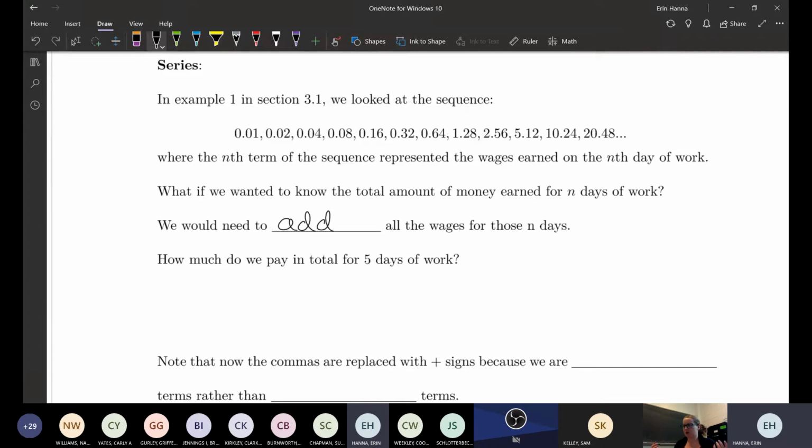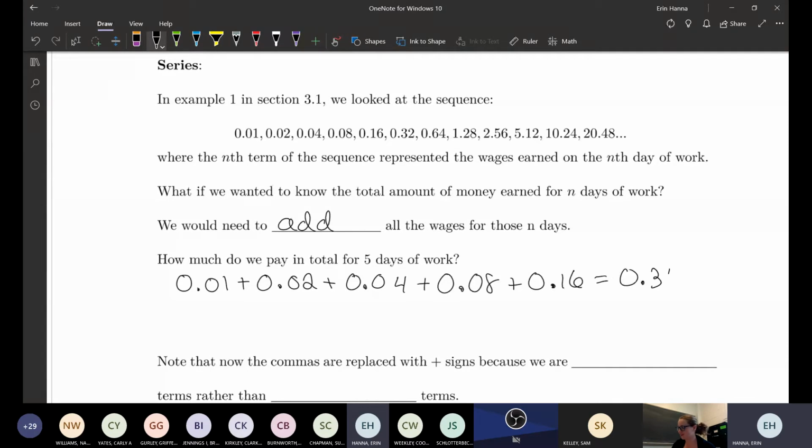Say we wanted to figure out how much pay we got for the first 5 days. We would take the pay in the first day plus the pay in the second day plus the third day and the fourth day and the fifth day. Add them all up, you get 31 cents.